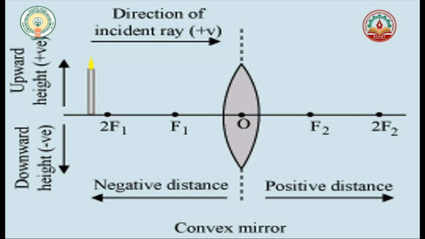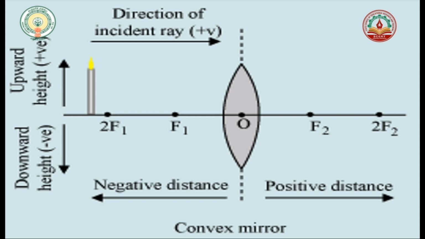So the image distance for real images will be positive. For virtual images, we get the images on the same side of the lens, so in that opposite direction we are going to measure. So for virtual images, the image distance is negative. For real images, the image distance is positive.